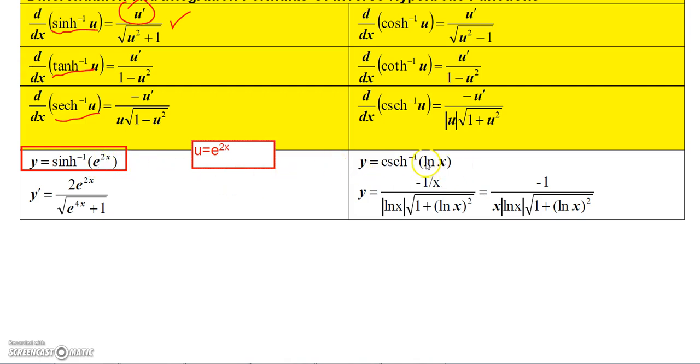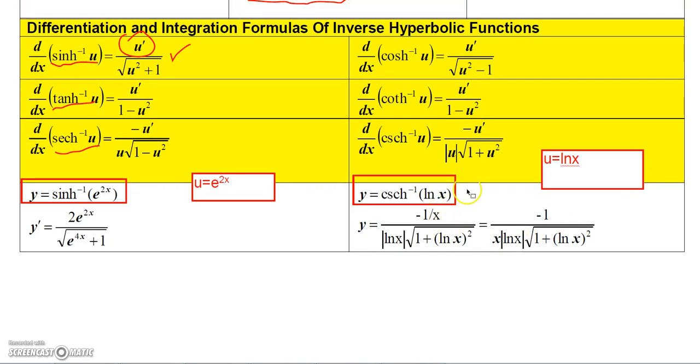Okay, now on this next one here, we have inverse hyperbolic cosecant of natural log of x. So in this case, u would be natural log of x, because that would be the argument. So now let's look for the formula for inverse hyperbolic cosecant.